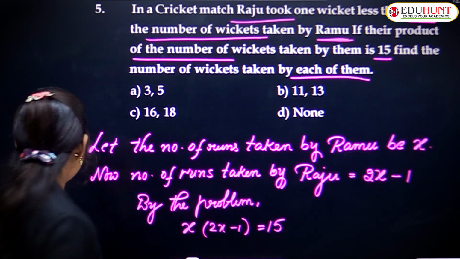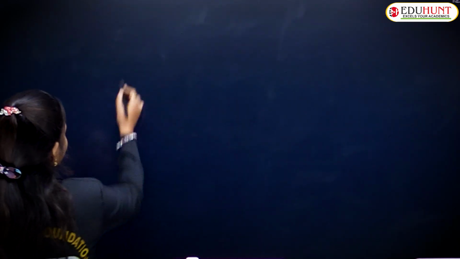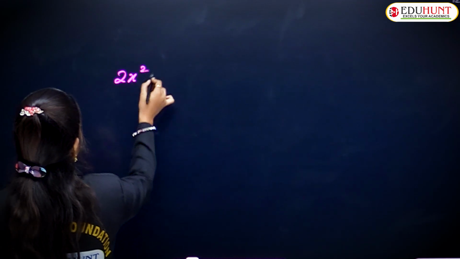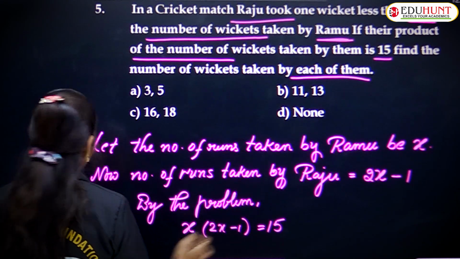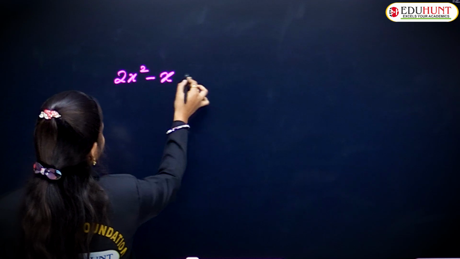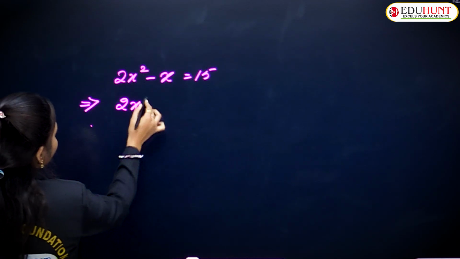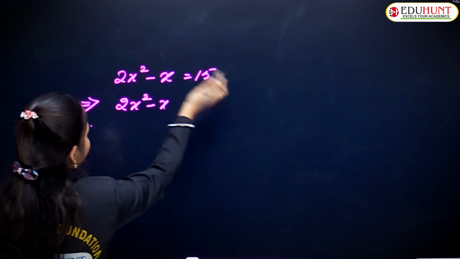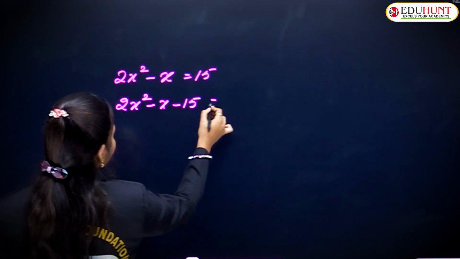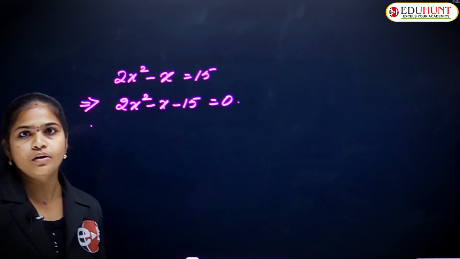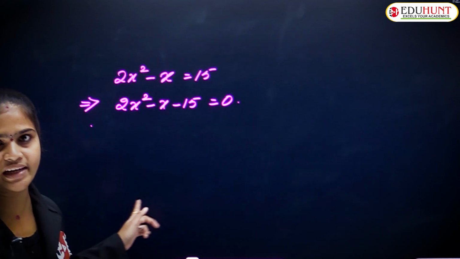Now simplify this. x into 2x is 2x square, minus x into 1 is minus x, which is equal to 15. So 2x square minus x, and plus 15 becomes minus 15, equal to 0. Now find the roots of this quadratic equation.